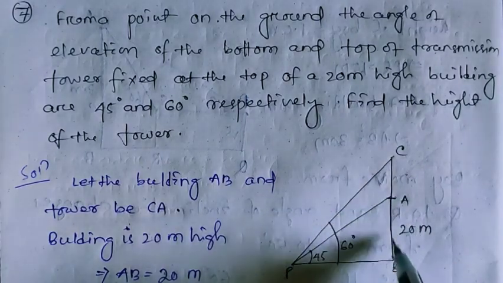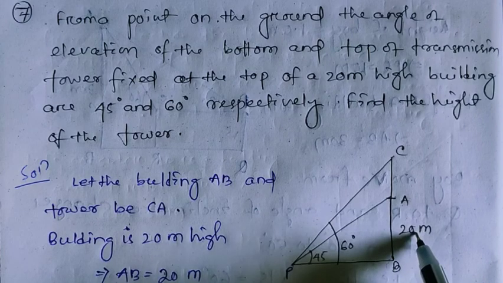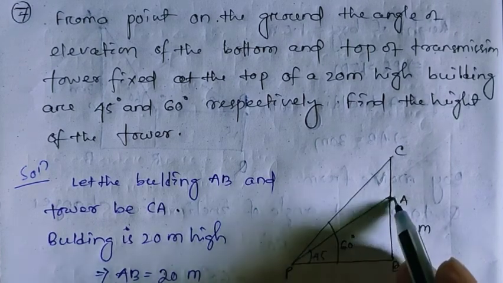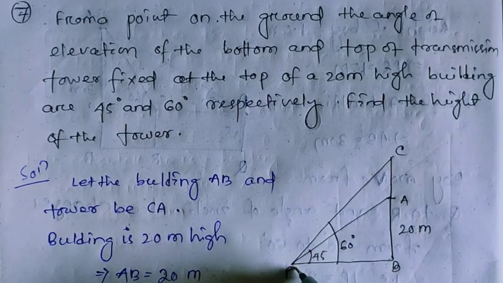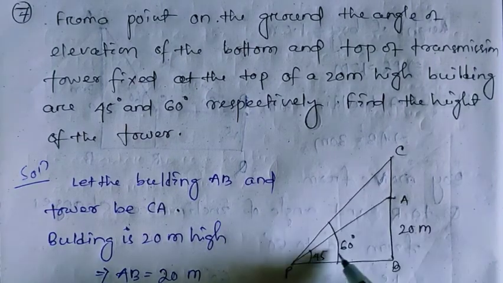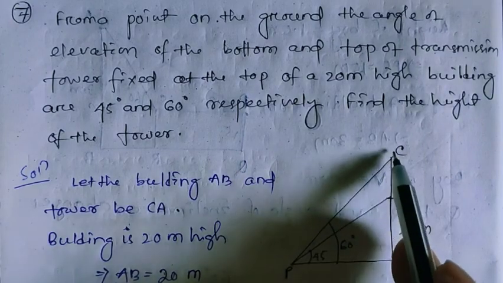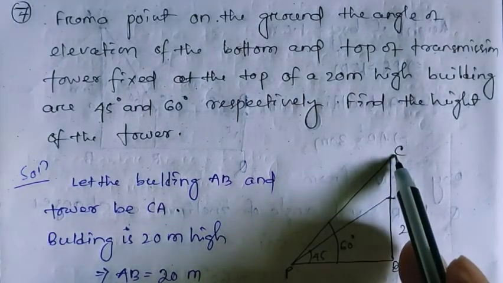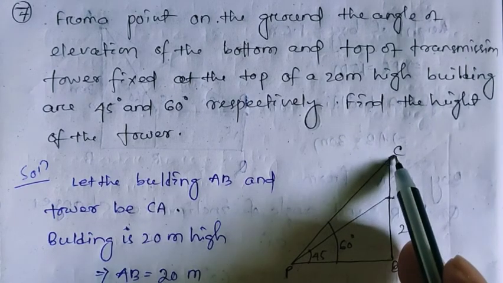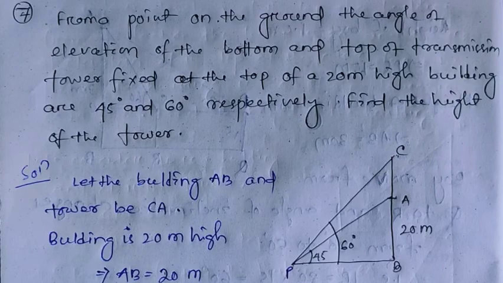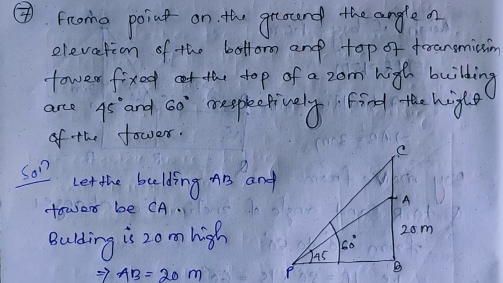The height of the building is 20 meter, and the angle of elevation from point P to the top of the building is 45 degree, and the angle of elevation from point P to the top of the tower is 60 degree. Understand? So this is given here.